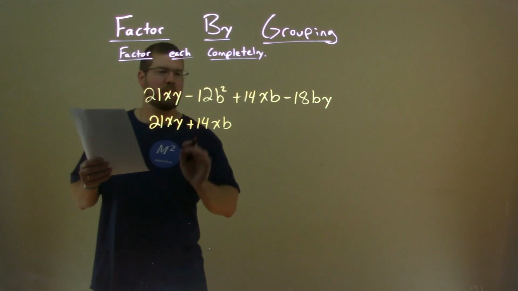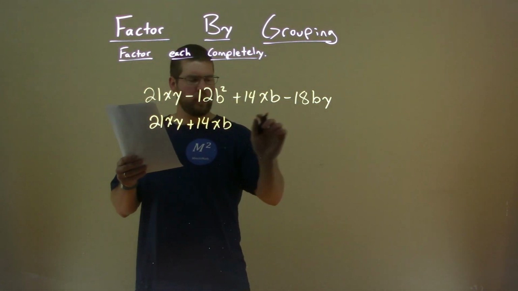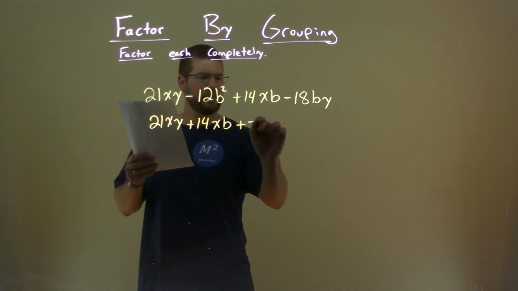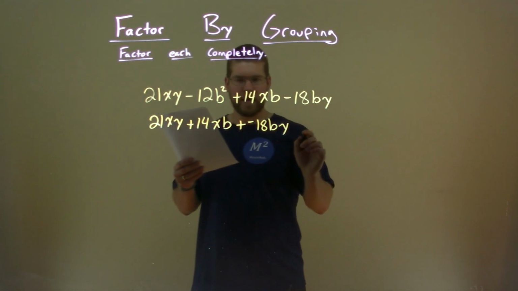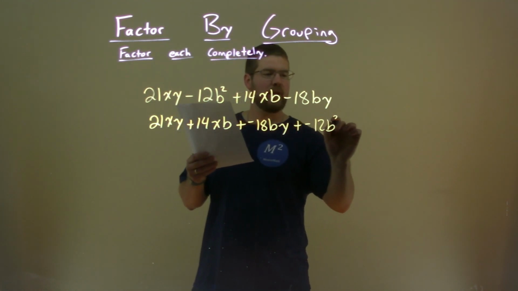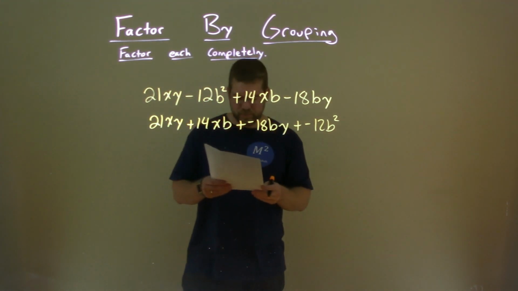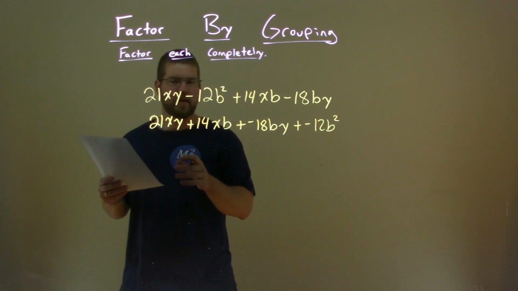I see there's an x in both of them. I'm going to write the 18by down here, and I'll make it a plus minus 18by. Then I can bring down this minus 12b squared, and they both have a b in it.